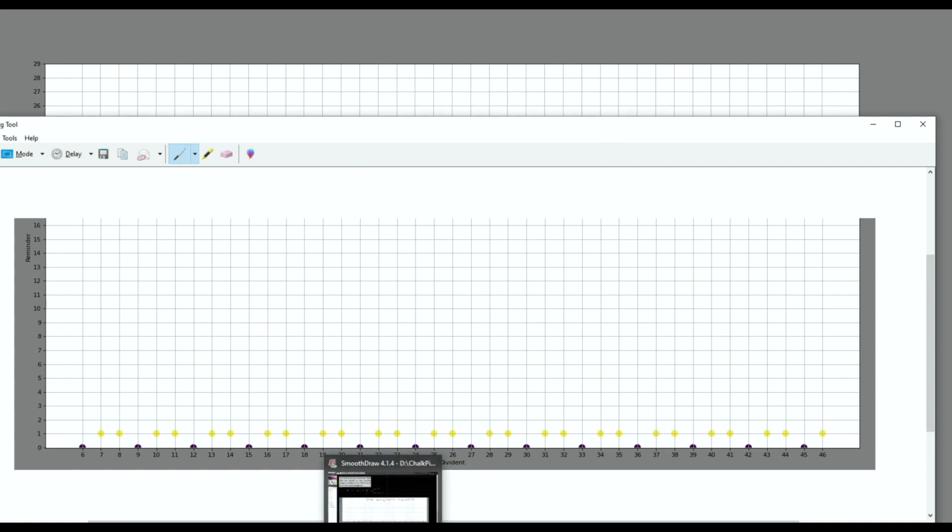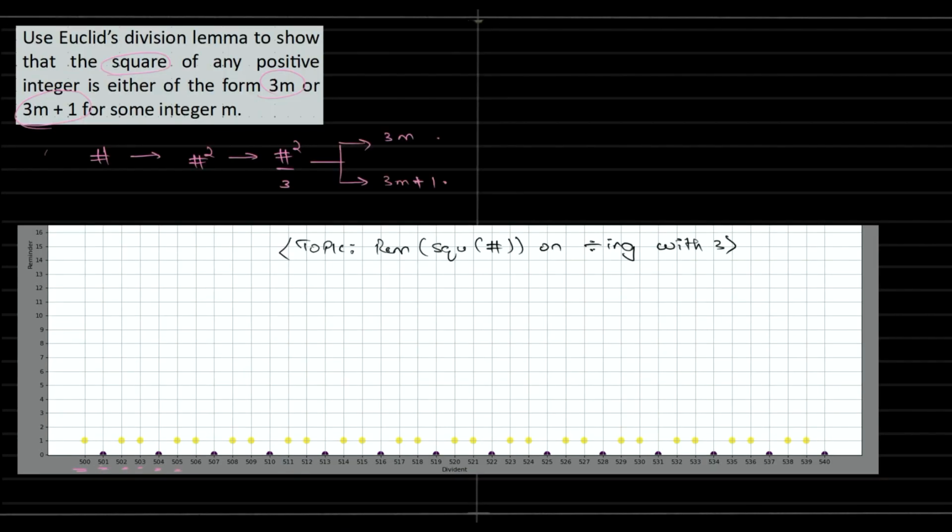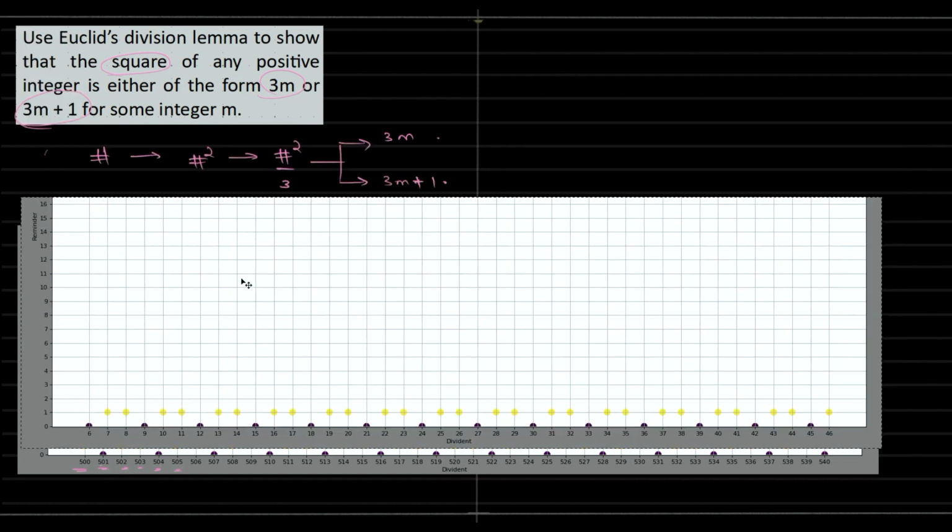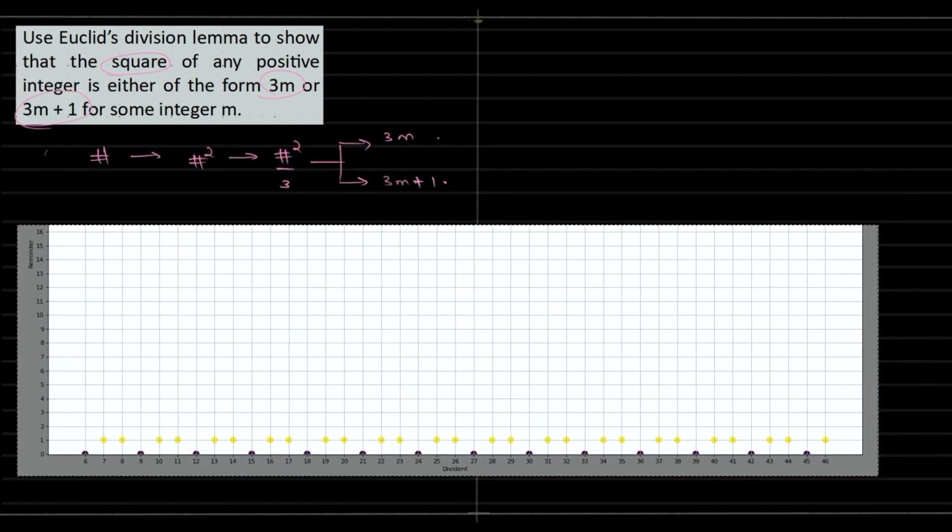So let us do this mathematically as well, not programming, we'll do it manually. So we're taking the number 6, same procedure. I'm squaring it, 36, and 36 divided by 3 gives 3 into some quotient, in this case 12.